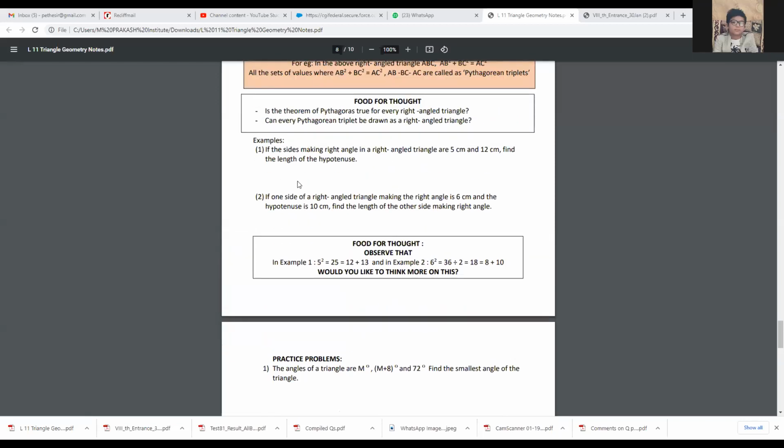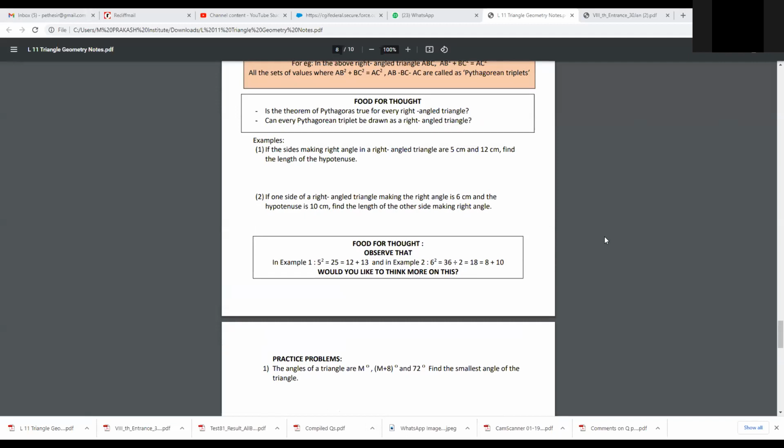Food for thought. Up to this point, madam has done. Now you should not talk because simultaneously I cannot control you and I will not be able to discuss also. Now, if the sides of a right angle triangle are 5 and 12, find the third side, the hypotenuse.